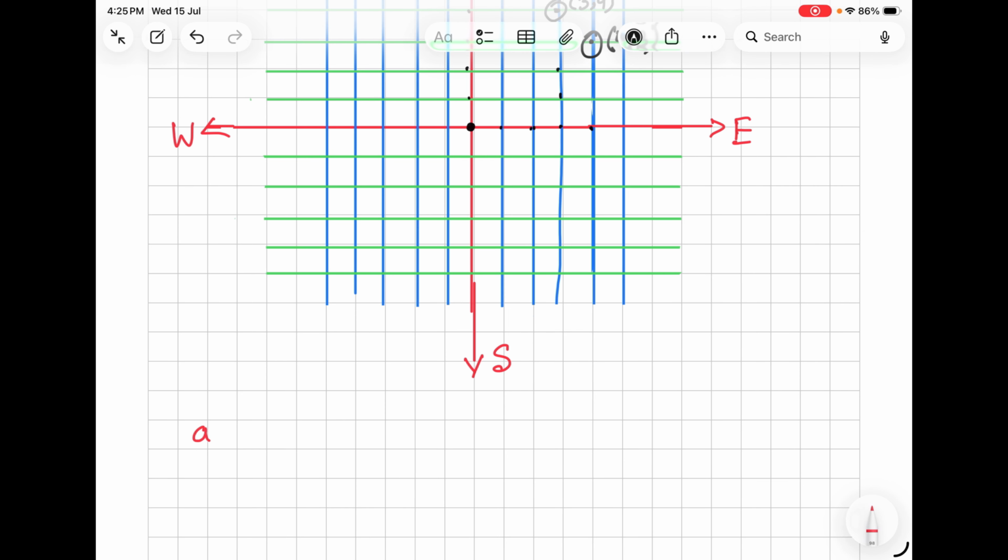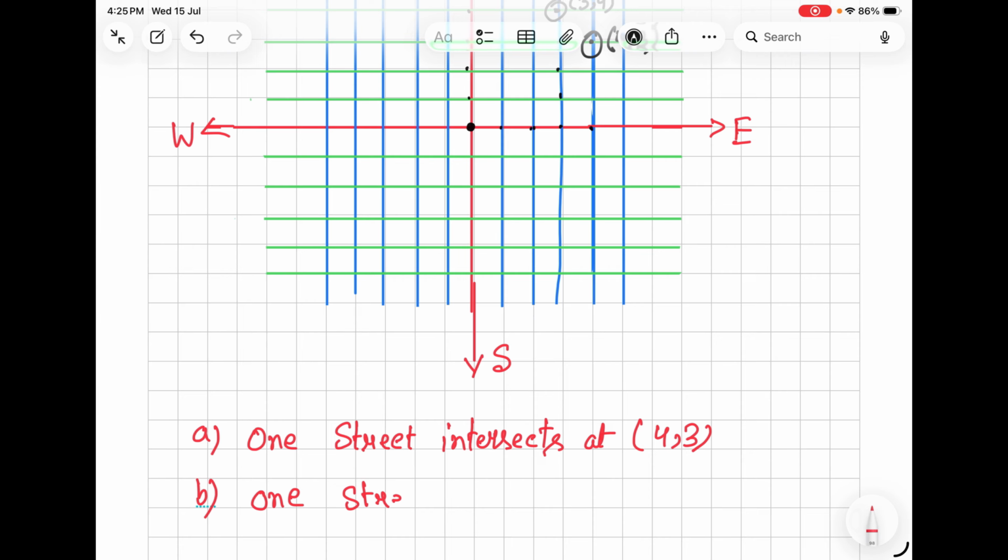For part A, one street intersects at 4-3. And part B, only one street intersects at 3-4.